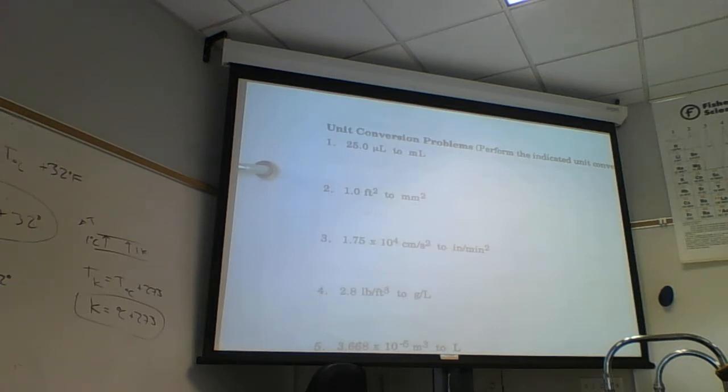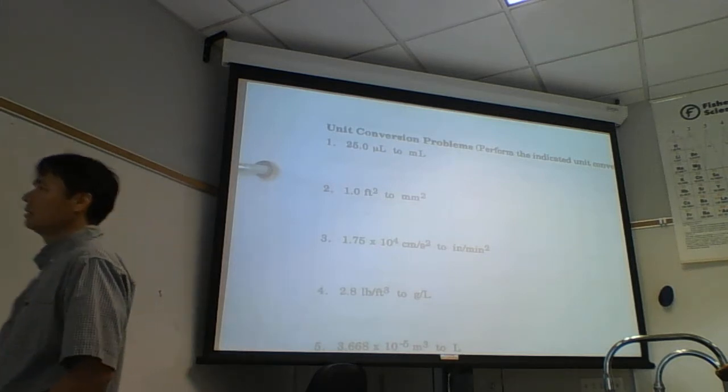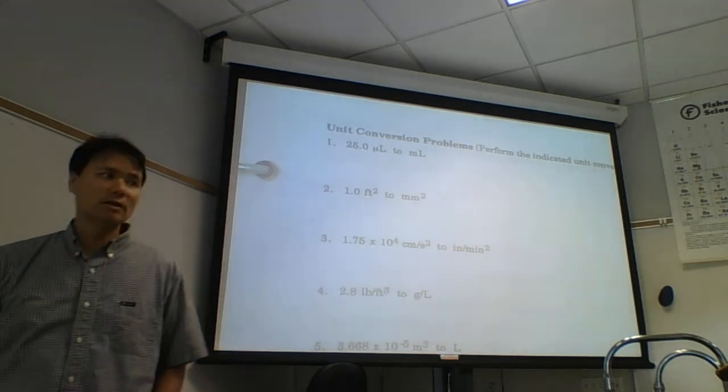How many cubic inches are in a cubic foot? So if I do 1 cubic foot, are there 12 cubic inches? No, wrong. Are there 144 cubic inches? No, that's wrong.